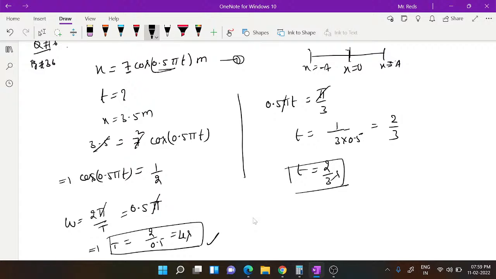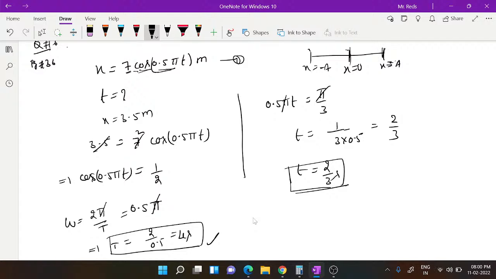The time taken by the particle to move from mean position to 3.5 meter away. Actually, we have taken a cos function, and cos function means at time t equal to 0, the particle will be at the extreme position.